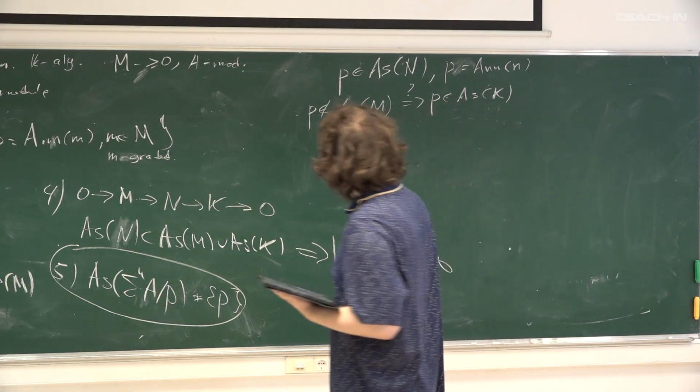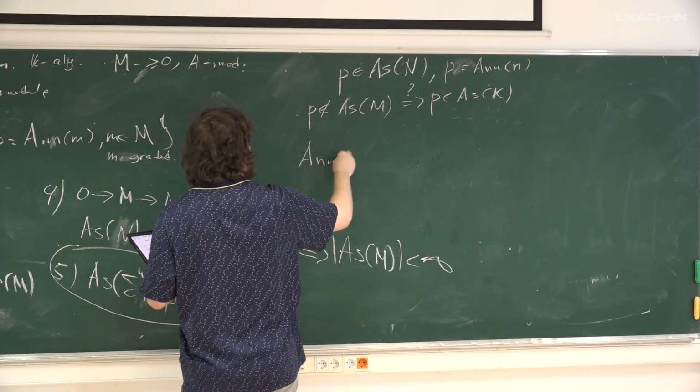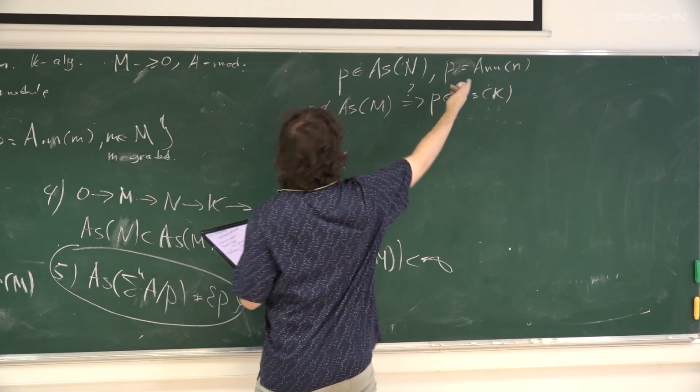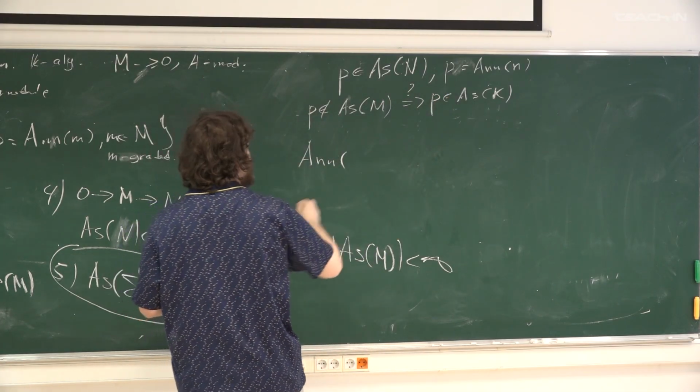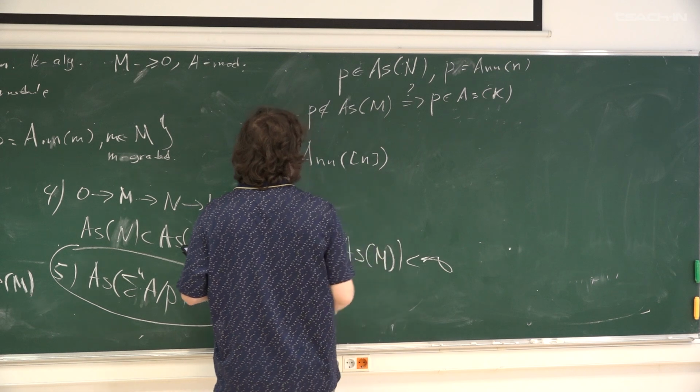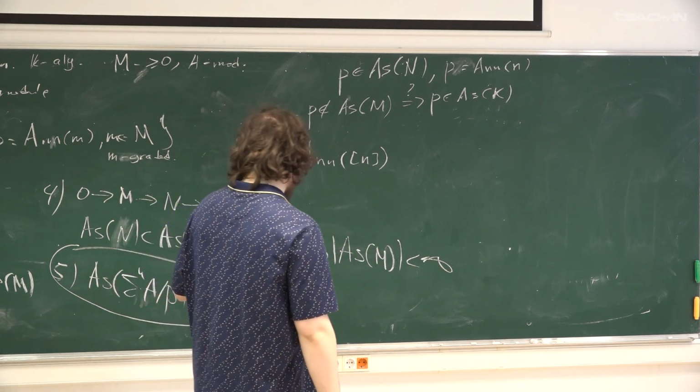Consider the annihilator of the class of n in K, the quotient.